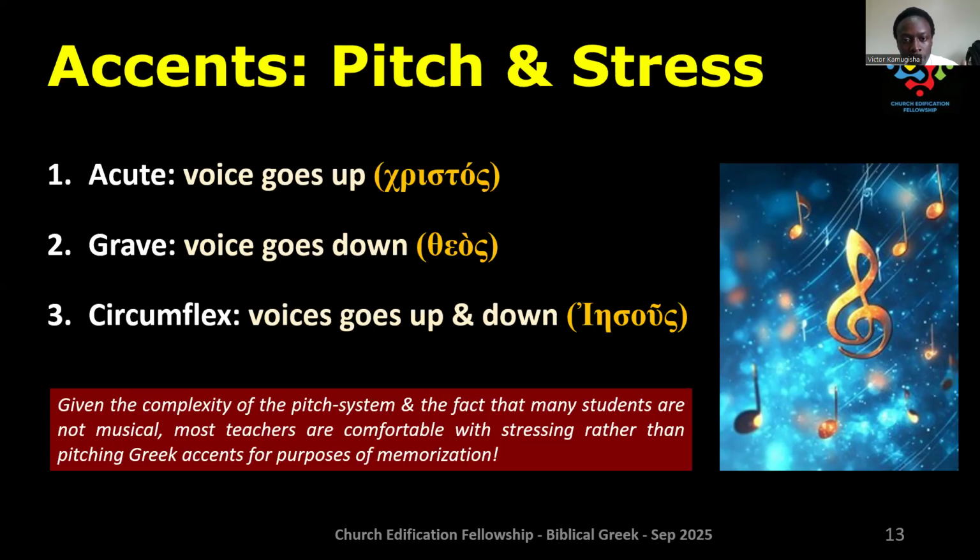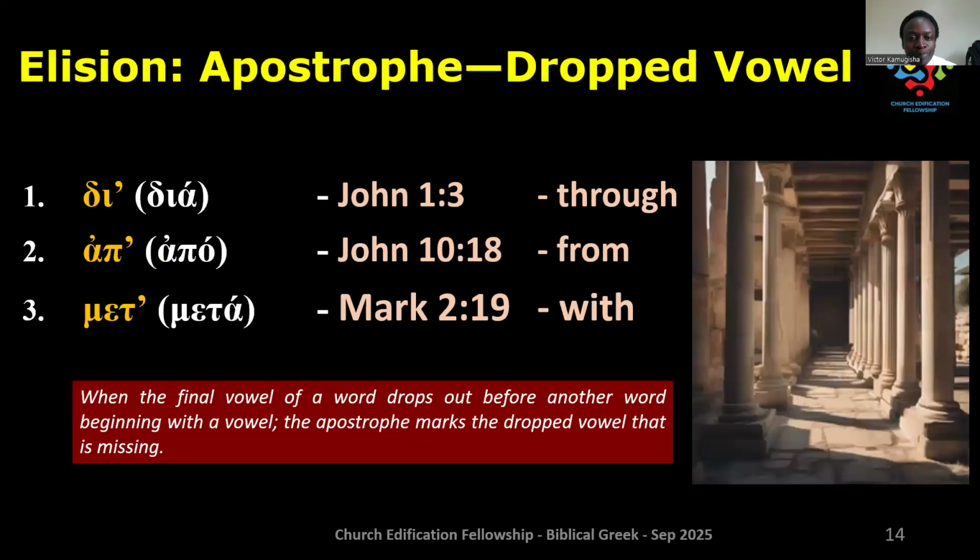So when I'm saying Christos, I'll emphasize the Omicron. When I'm saying Theos, I'll emphasize the Omicron. When I say Jesus, I will emphasize the upsilon. I will stress it, okay? But those are accents. So don't wonder what these marks are.